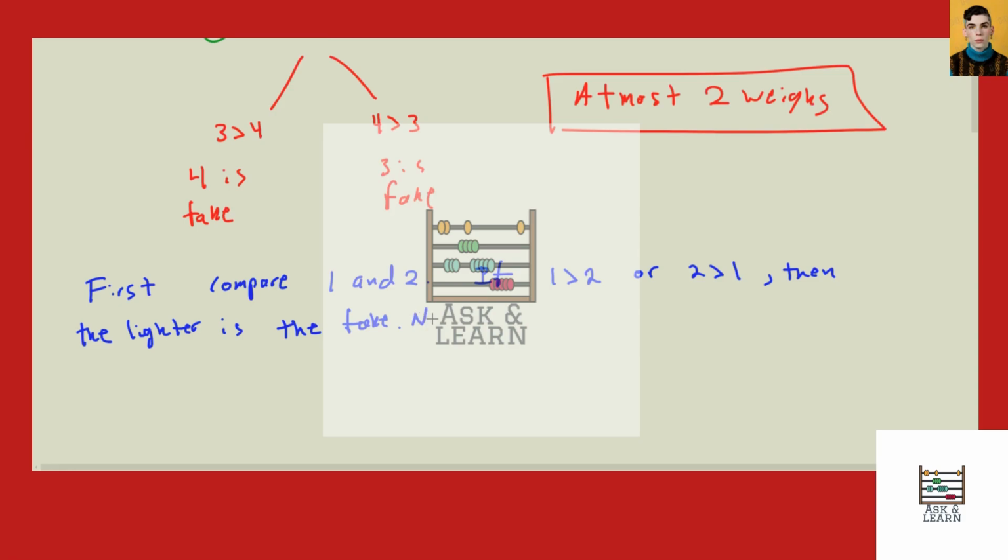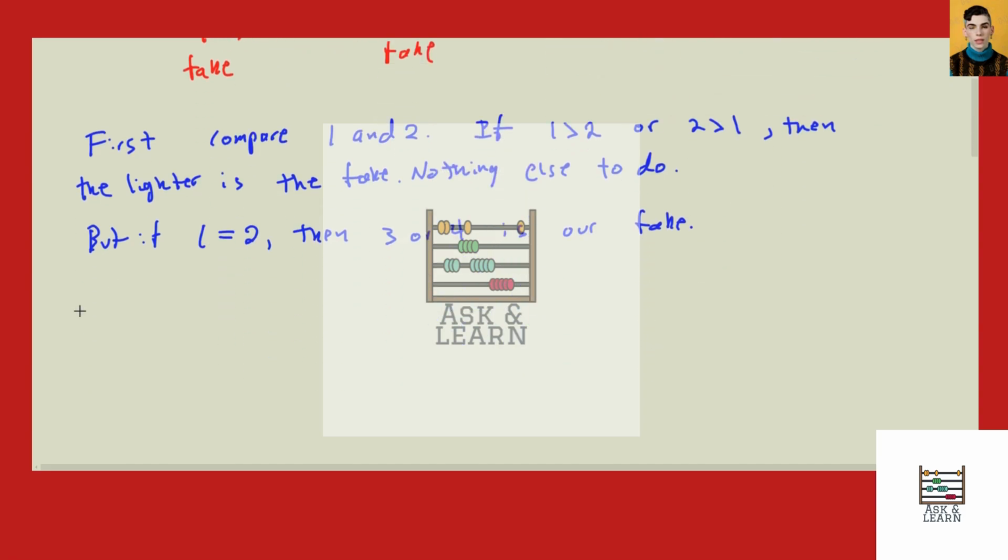So there's nothing else to do. But if 1 is equal to 2, then 3 or 4 is our fake. So weigh 3 and 4.